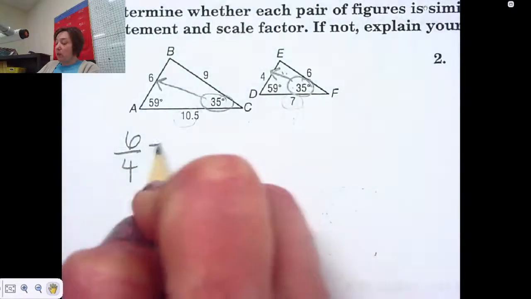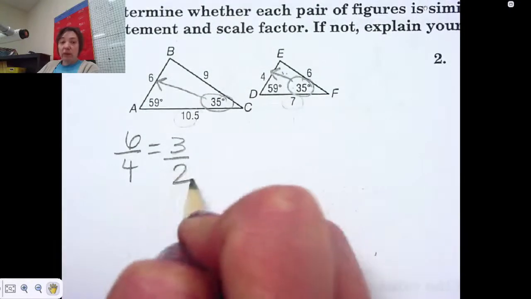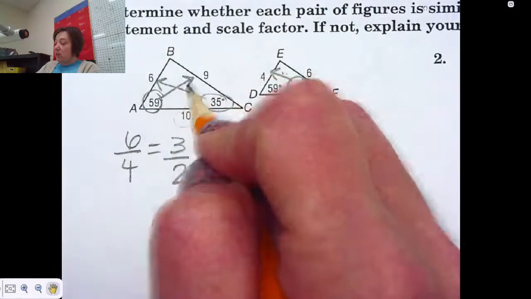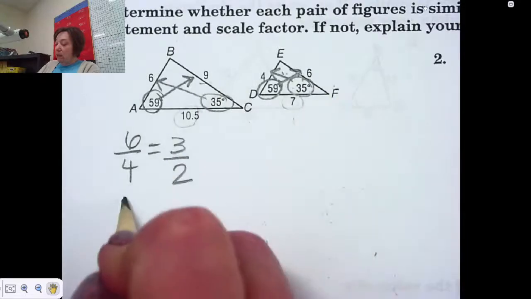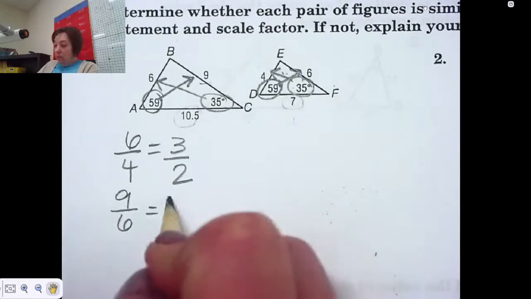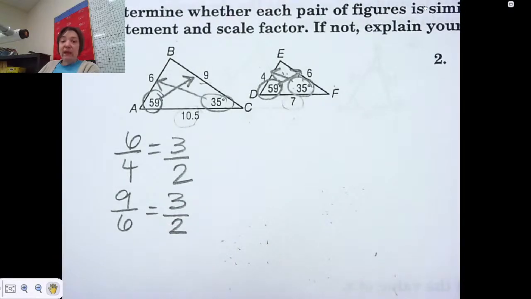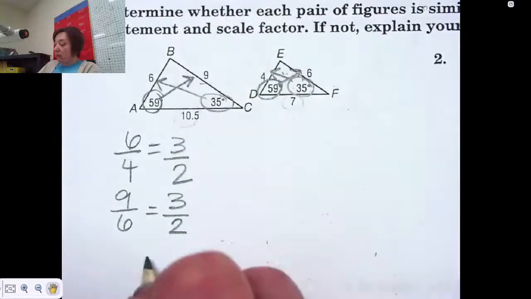What is that number simplified? 3 over 2, right? Then we're going to do the same thing with the side across from the 59-degree angle. So we would have 9 over 6, right? What's that going to be? 3 over 2 again, right? So they match up. Then we're going to do the 10.5 and the 7, right?